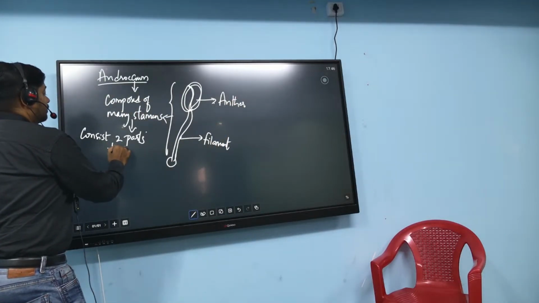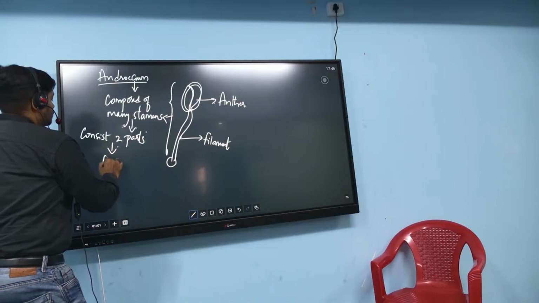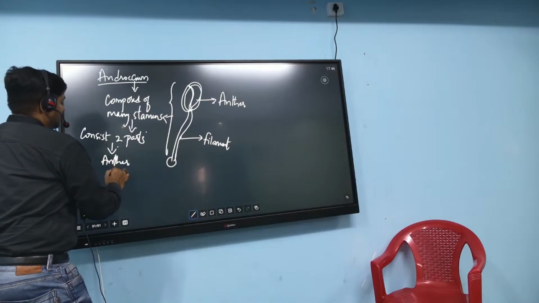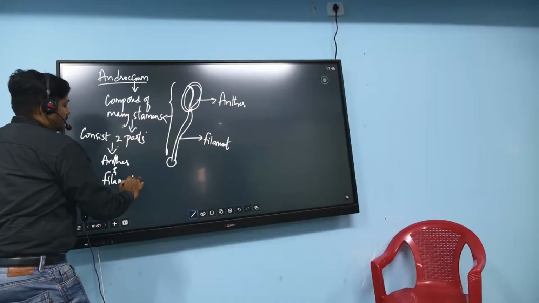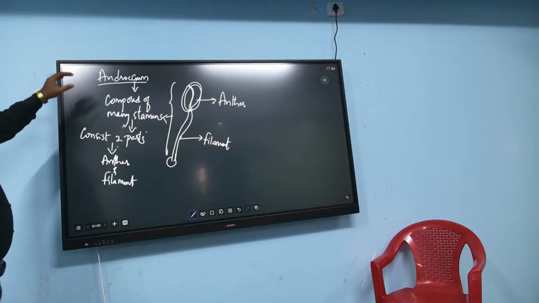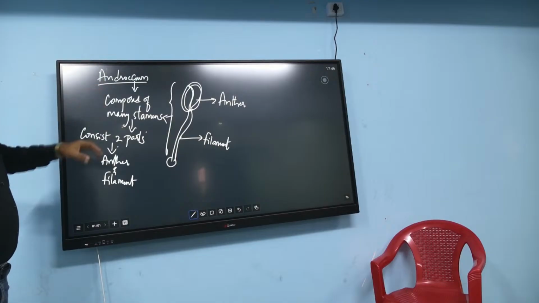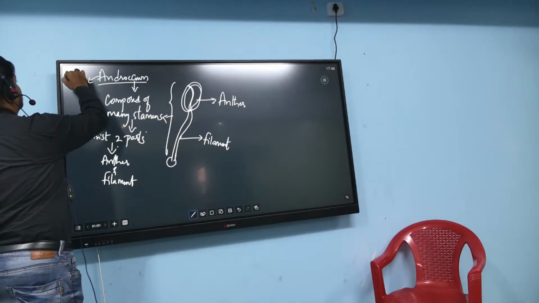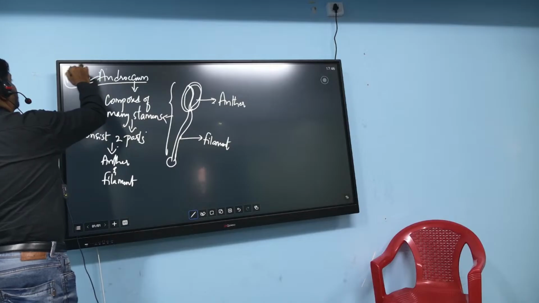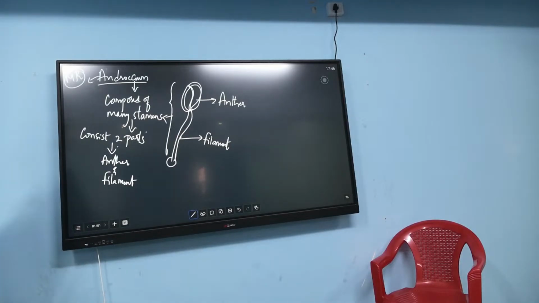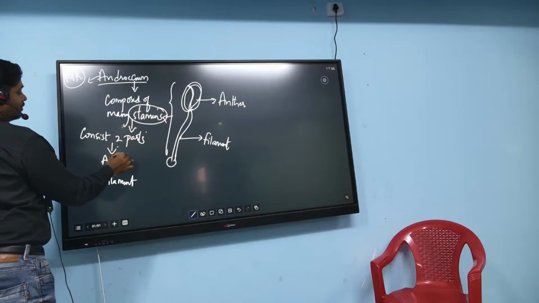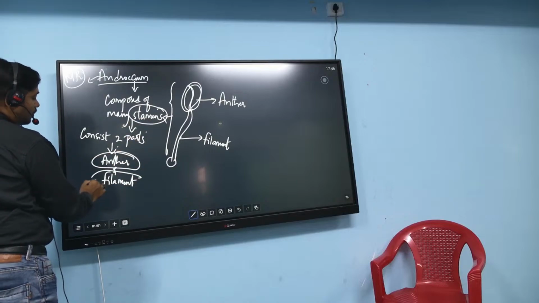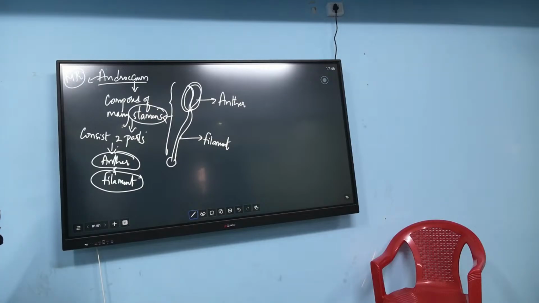It consists of two parts: one is anther and one more is filament. Androecium is the male reproductive part. It consists of many stamens, and each stamen consists of two parts, anther and filament. Did you understand till here? Any doubts? Shall we proceed?